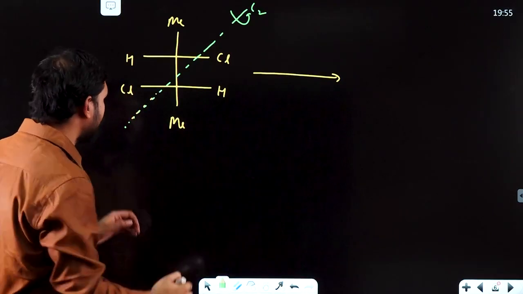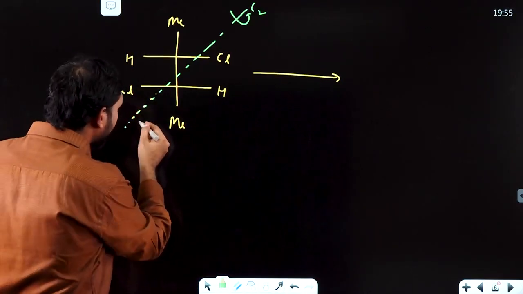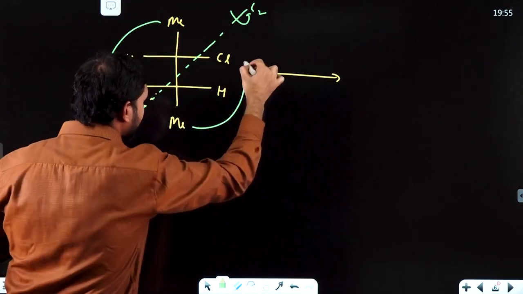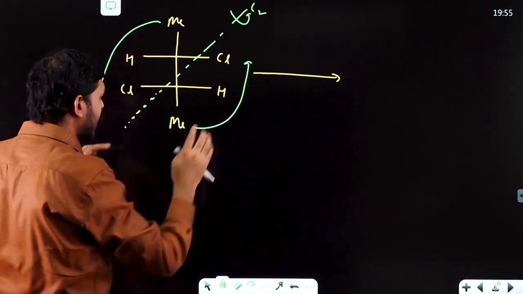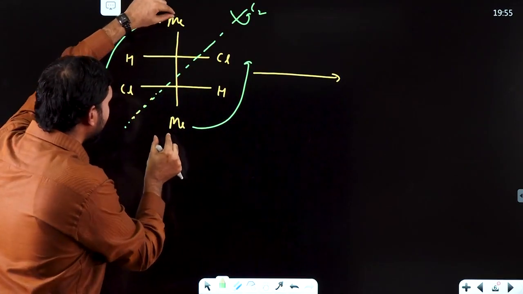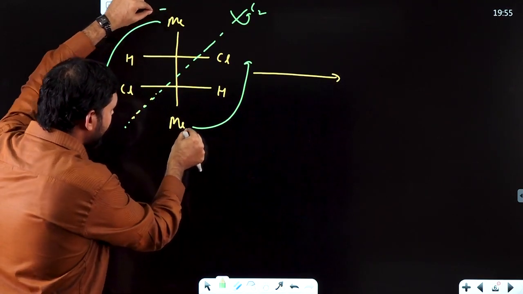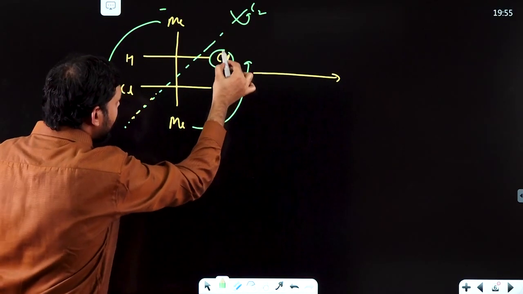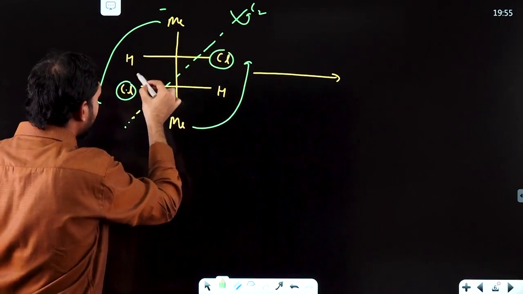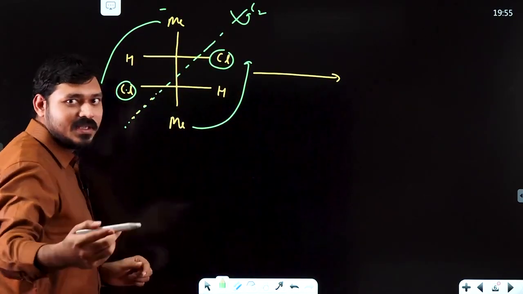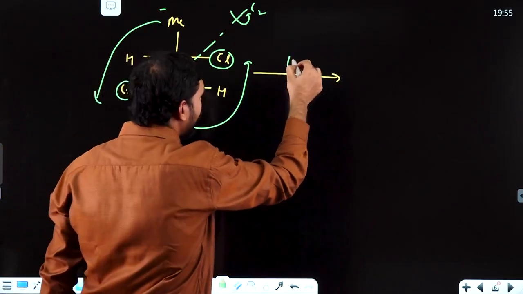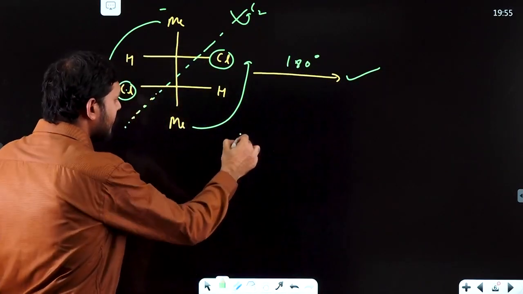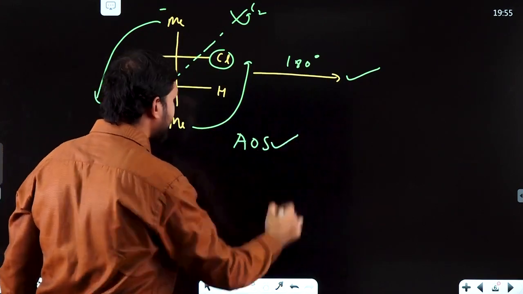This will exactly rotate 180 degree, so this will come this side and this will come this side. Simply, I will catch this side and turn it like this. So what will happen? This Cl will come this side, this hydrogen will come this side, which means it has C2. 180 degree rotation gives an identical part, so it has an axis of symmetry.